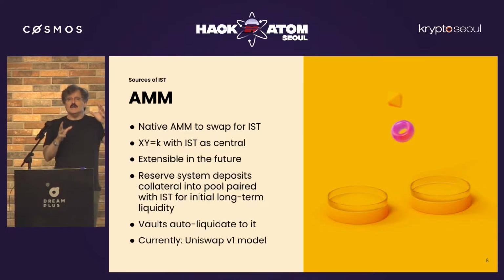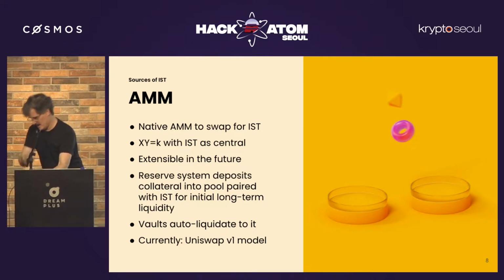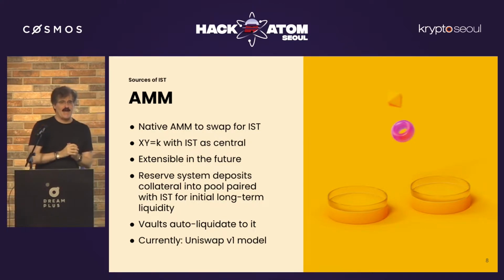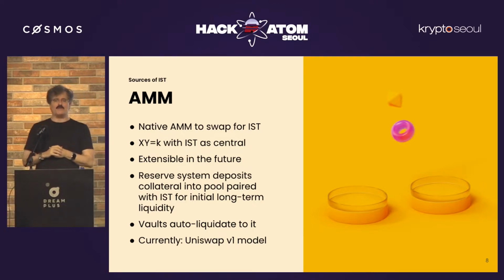So when that happens, instead of the system going, okay, I've got some ATOM to sell, the liquidation mechanism can take those atoms, turn around and automatically sell them asynchronously using our contract infrastructure, automatically sell them on the local AMM.